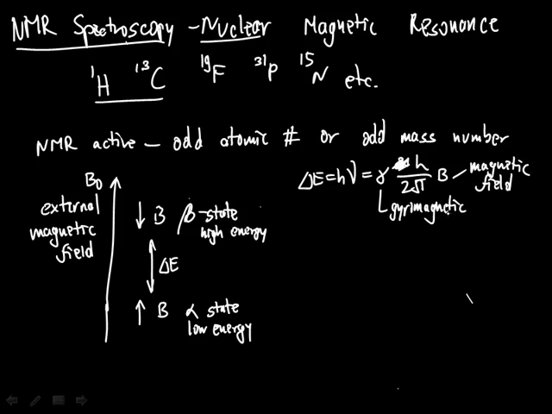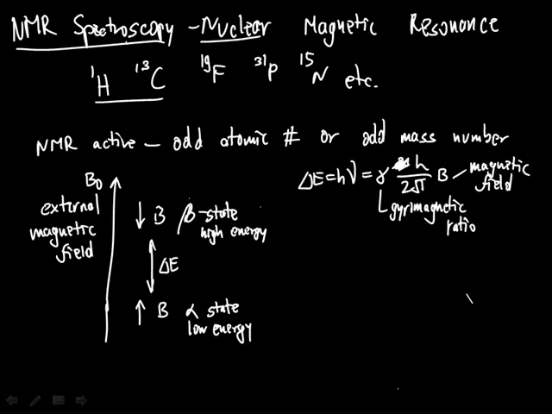So it's a certain value for every given nucleus. And h is Planck's constant, and 2 pi is just a number. If you look at this equation, this all looks very nice, but it would imply that all nuclei have a certain set frequency, which is determined solely by the gyromagnetic ratio and magnetic field.